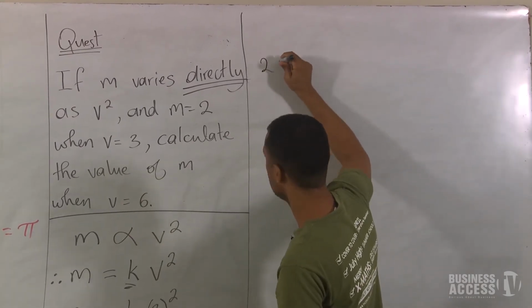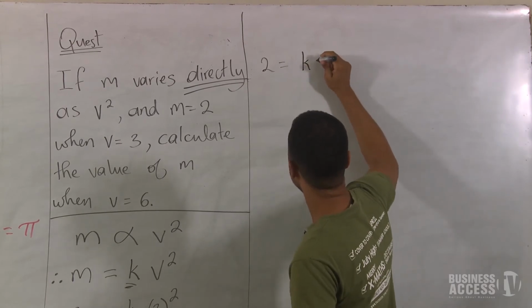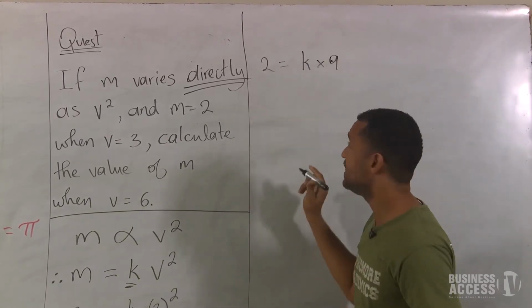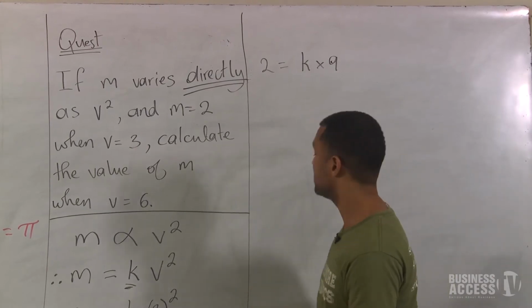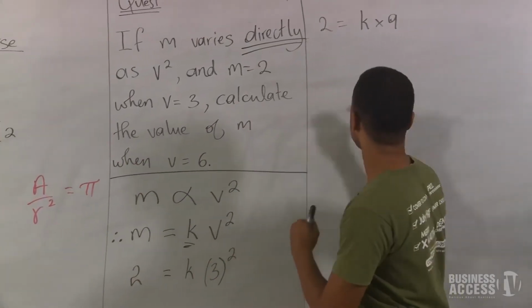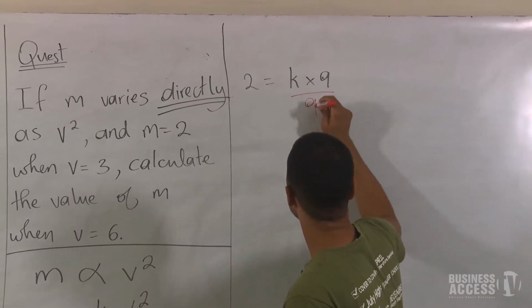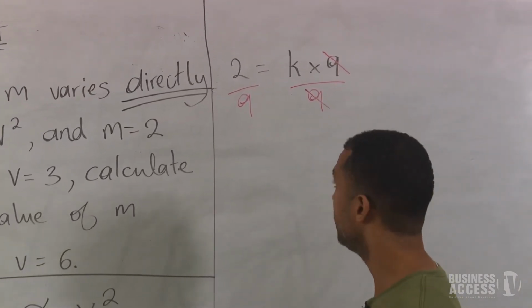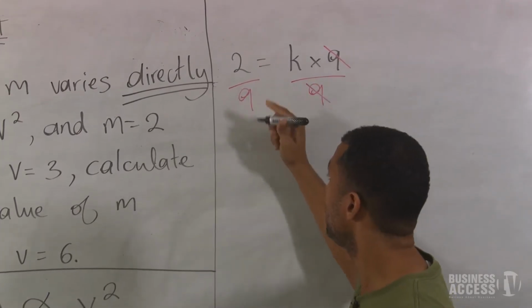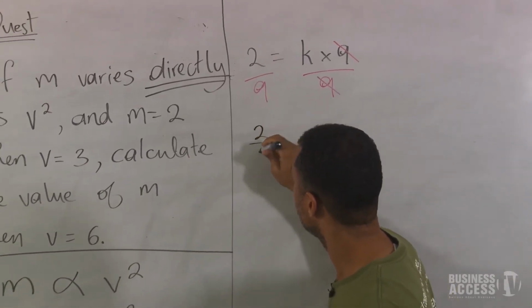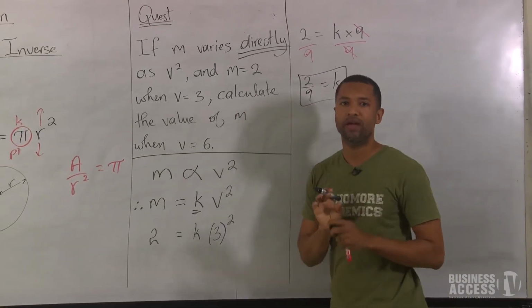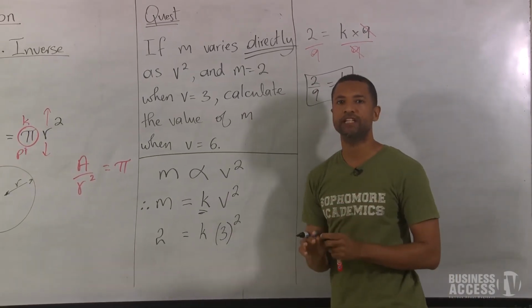So this is saying 2 is equal to k multiplied by 3 squared. 3 squared is 9. So we're going to divide both sides by 9. Here we have it. The value of k is equal to 2 over 9. Now we know the constant of proportionality.